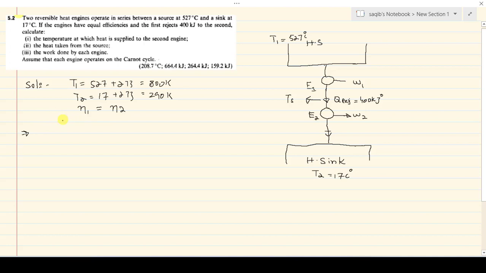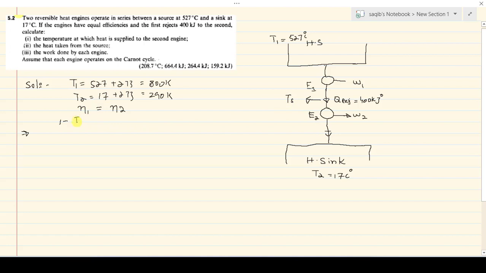Now we will write the efficiency of engine 1 and engine 2 in terms of the corresponding temperatures, higher temperature and lower temperature. That will be equal to 1 minus Ts over T1, since engine 1 is supplied heat at T1 and rejects at Ts, equal to 1 minus T2 over Ts, since heat is rejected at T2 and supplied at Ts.